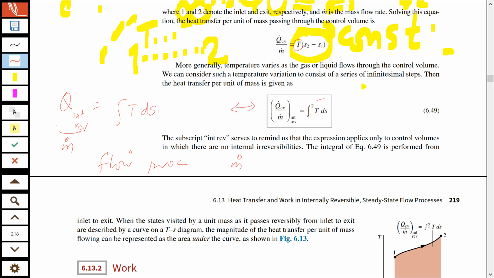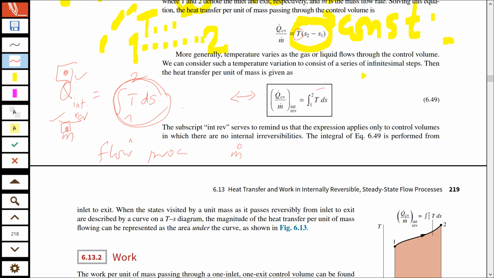So if I divide by m dot, then this integral will not give me q heat transfer, but heat transfer rate, because rate divided by rate, the effect of this dot and this dot disappears, and you basically have the same equation from state 1 to state 2.